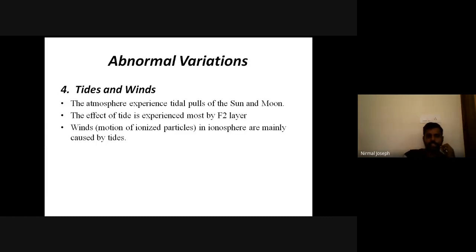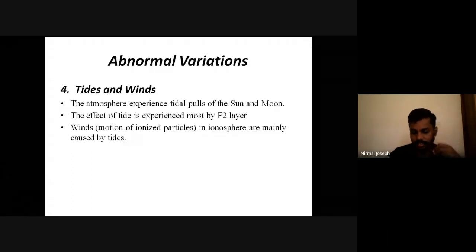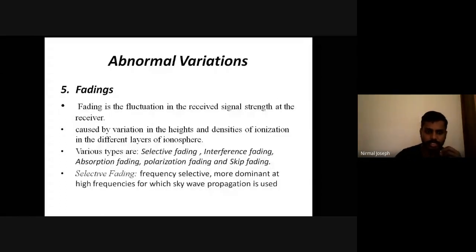There can be some tides and winds caused by the attraction, or tidal pulls, of sun and moon. So this can also be classified as an abnormal variation since the pattern is not known. Okay, so the next abnormal variation is fading.